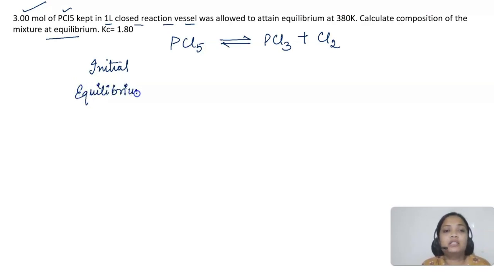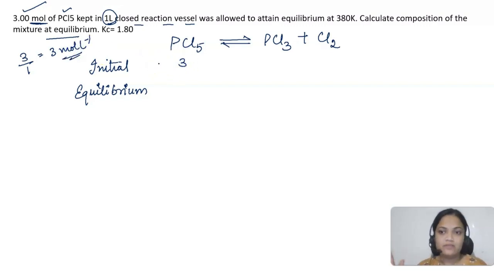So initial concentration, see, 3 moles is given na, and it is in 1 liter. So if I divide 3 by 1, so kitni aayegi? 3 mole per liter. Okay, so I will just directly write 3 because the volume already is given 1, no? So number of moles per unit volume is concentration. So initial is 3 and initially we only have the reactant. So the concentration of product is 0.